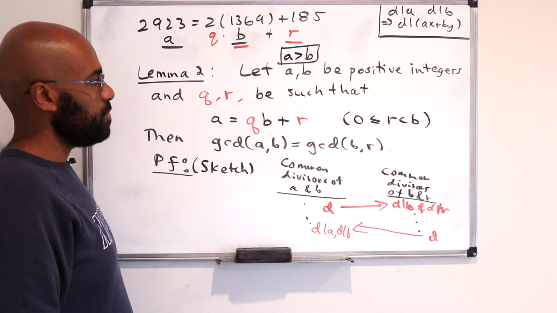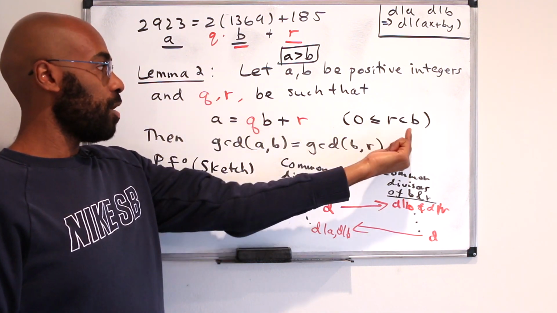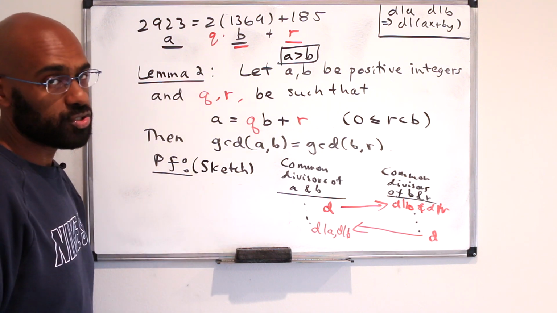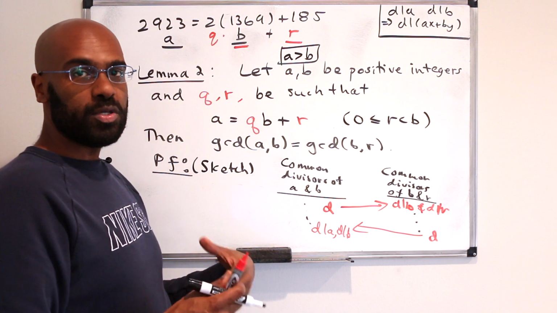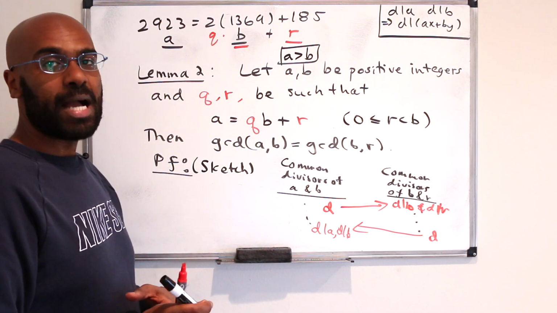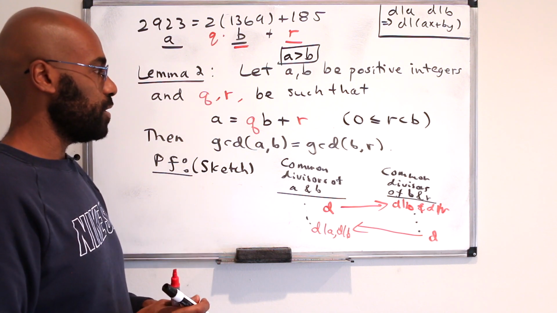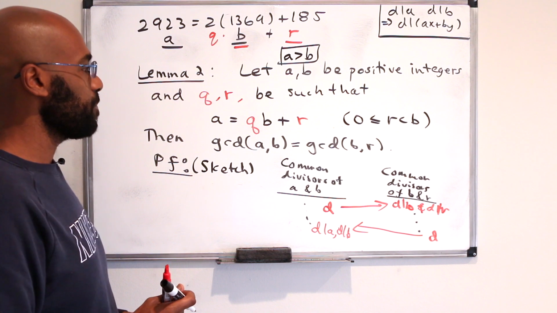So with A greater than B, you can actually find a quotient and a remainder that is small, meaning it's less than B. That's essential to our algorithm. The statement that you can actually do this, even though we usually take it for granted, is called the division algorithm. And a proof is given in the number theory book that I mentioned earlier in this video. So I'm not going to give a proof in this video, but the proof is there.